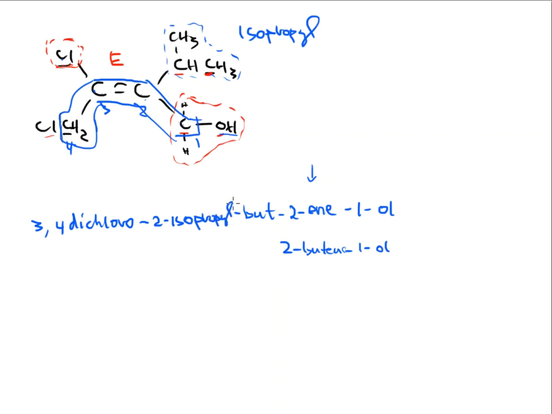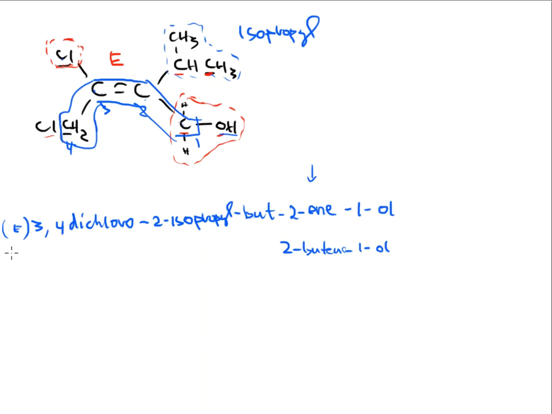So 3,4-dichloro-2-isopropylbutene-1-ol, and we're not finished yet. Why? You just told me that this was an E, didn't you? And that E location can be written in the very front.